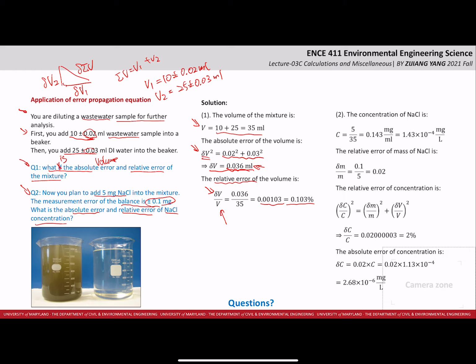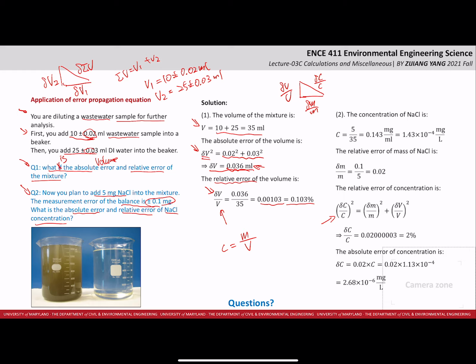In this case, we know that the concentration equals mass divided by volume, so this is a division question. According to the triangle, the relative error of the concentration equals, like, they have these geometric relations.